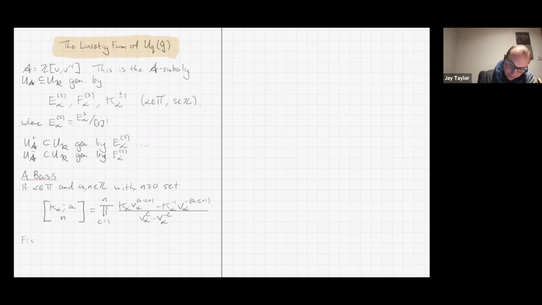So let's fix a reduced expression of the longest element.